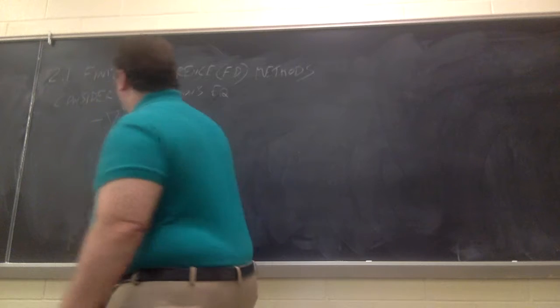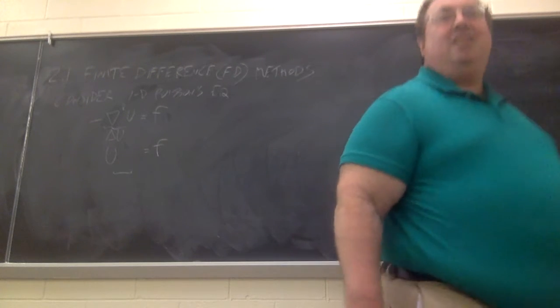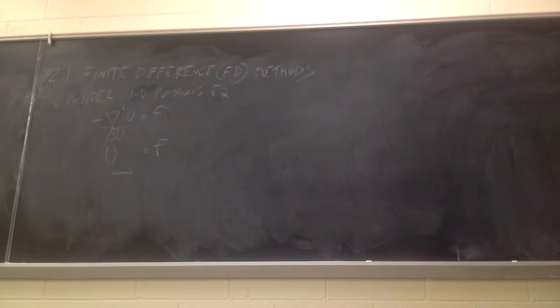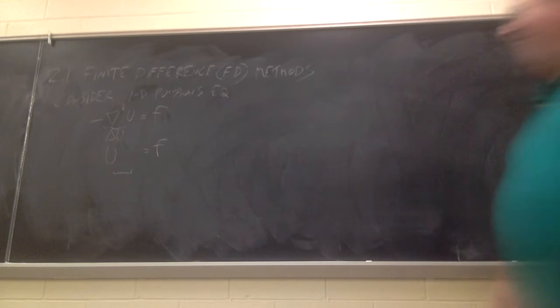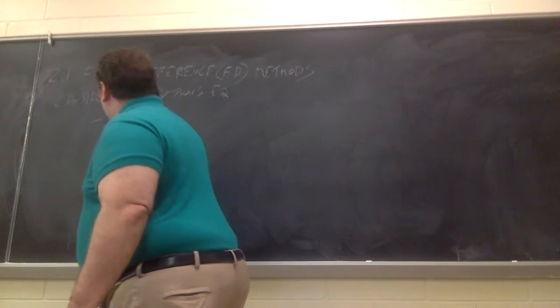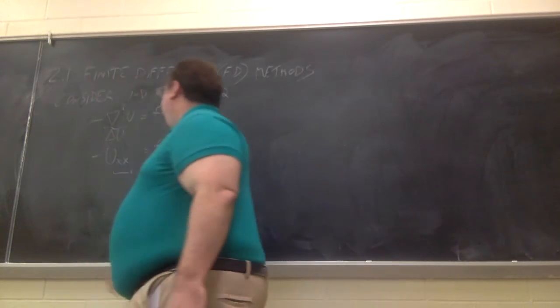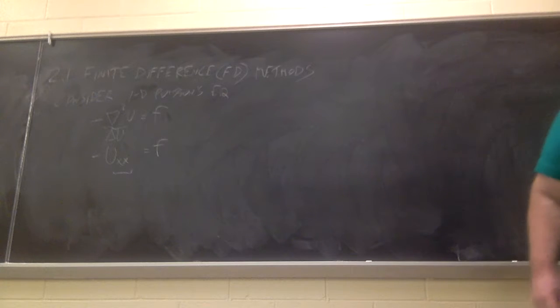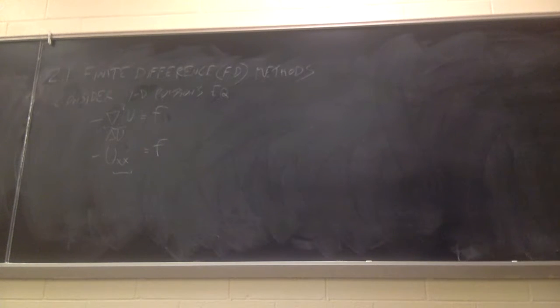What partial derivatives would I fill in there? X. Two of them? Yes, two of them. Okay. UXX, yeah, so minus UXX equals F. Okay, so Poisson equation reduced to 1D is just that.